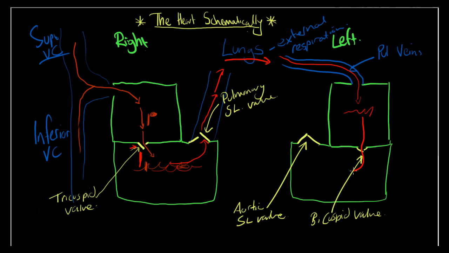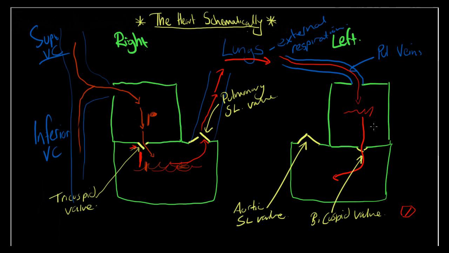It pushes through this valve here, and this valve has a slightly different name. It's called a bicuspid valve because it's got two flaps. Sort of a bad drawing there, but two flaps that stop the blood from going through, and two sets of both papillary muscles and chordae tendineae.